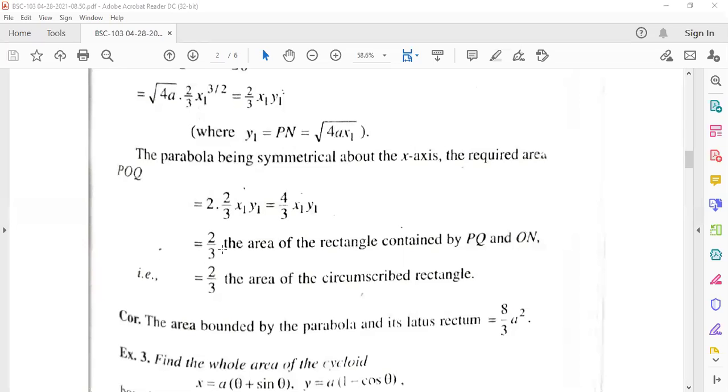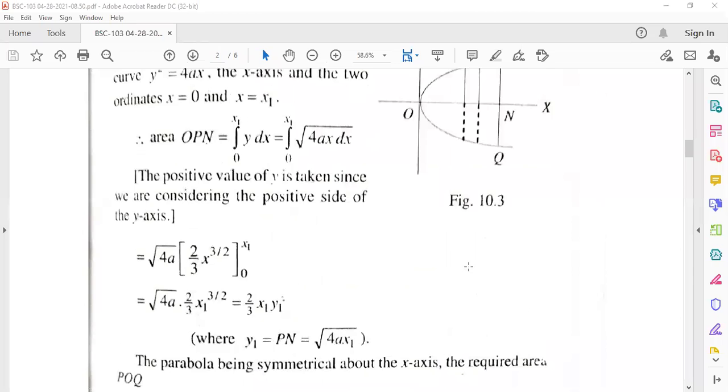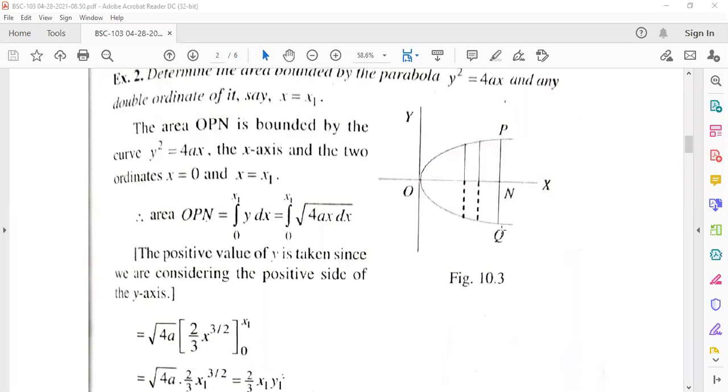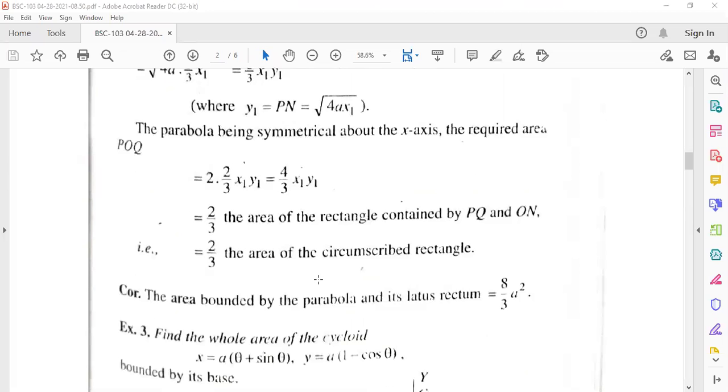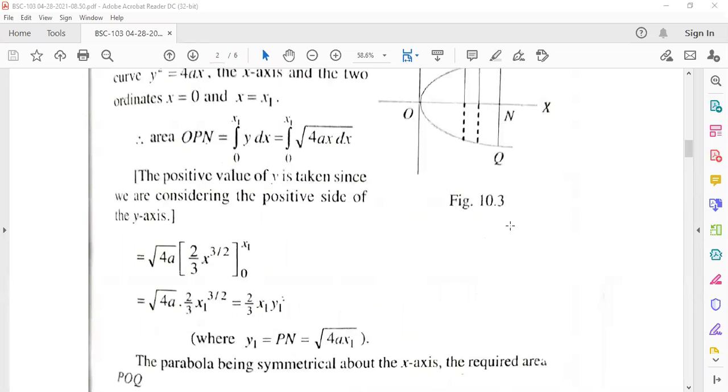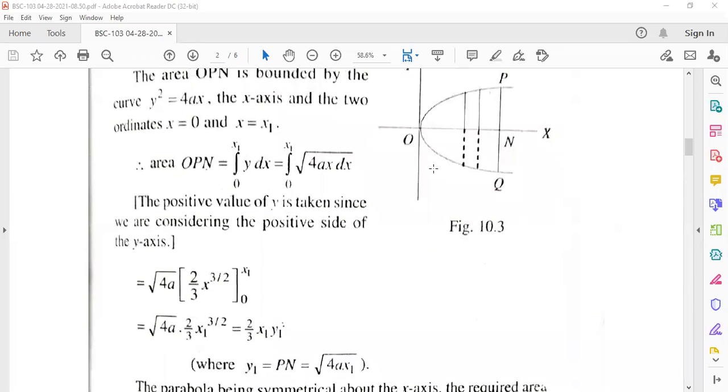This 4 by 3 can be written as 2 by 3 into 2 x1 y1. 2 x1 y1 means the area of the rectangle contained by PQ and ON.